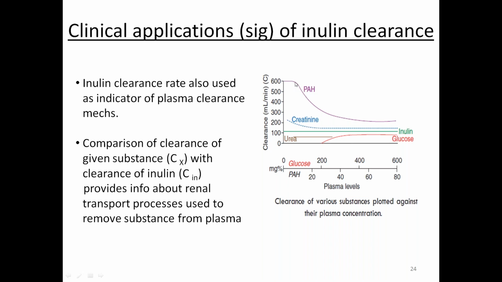When they get saturated, the secretion will decrease from an initial high value. The secretion of PAH will come down, and this will also eventually become close to that of inulin. So this is the trend for these substances.